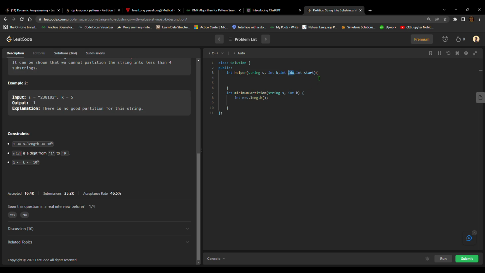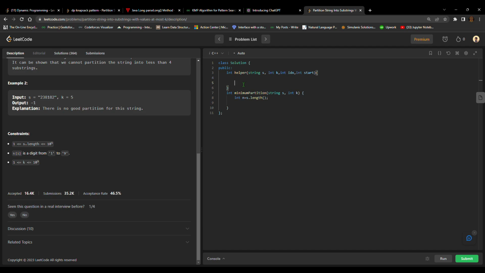So keep start at some point i, keep idx at some point j, and then take this whole string up till j. For example, my j was at 8, my start was at 2, so 23812 was taken as a string, converted into a number.